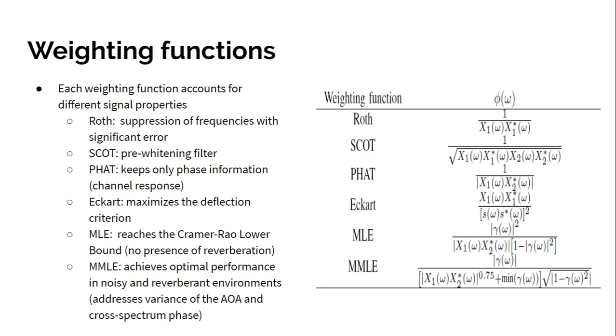Right, so the next filter is the first one where we have noise components on the weighting function. It's represented by the S here in the formulation, and actually this is one of the methods that have one of the best performance. We're going to see that later.